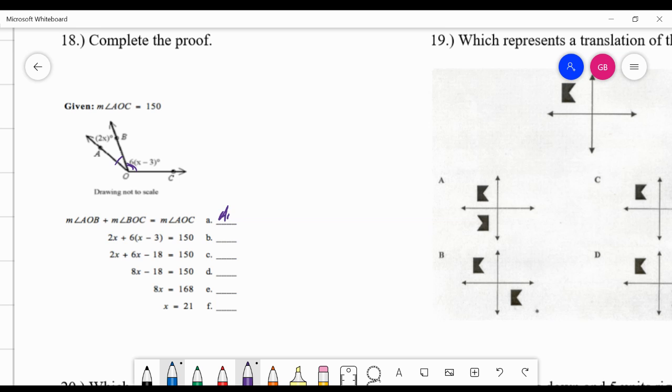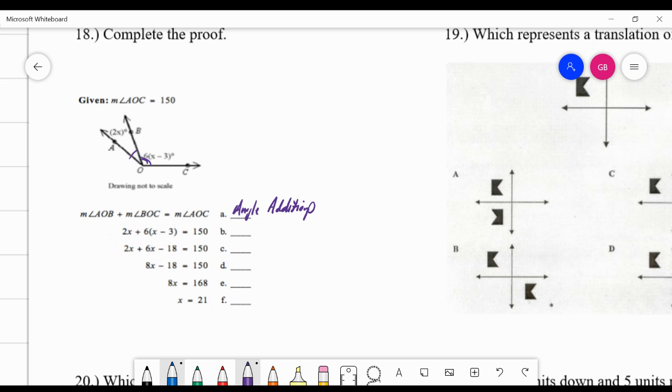So that's the angle addition postulate. Okay. And then we substituted 2x plus 6 times x minus 3 is equal to 150. So that's the substitution property.